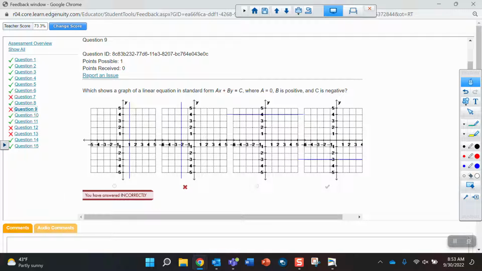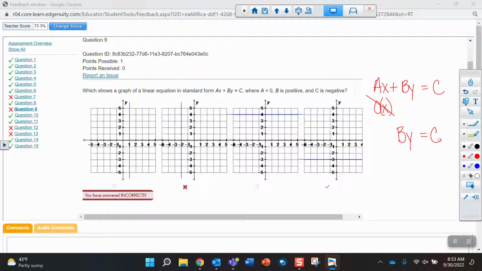So when we look at these, remember that in standard form, it's easy to find the intercepts. So I'm going to write ax plus by equals c. Now it says that a is 0. So if I plug a 0 in here and multiply it by x, I just get 0 and this whole term goes away. So now we have by equals c.